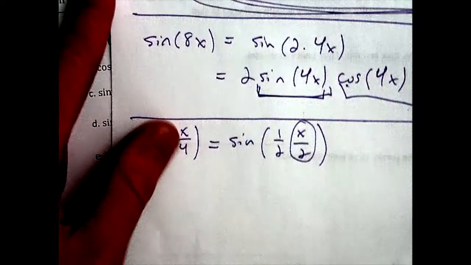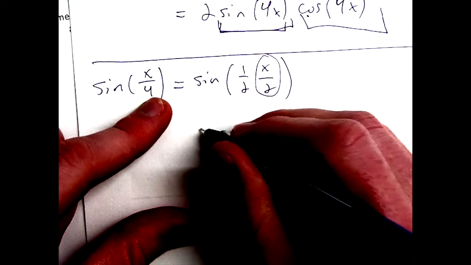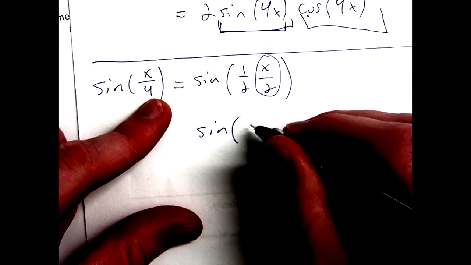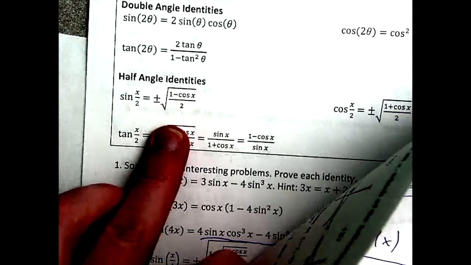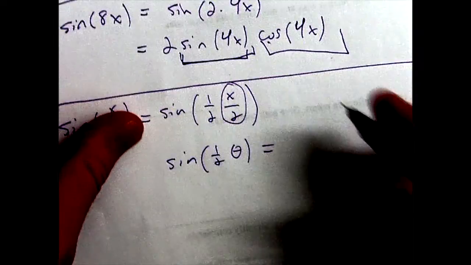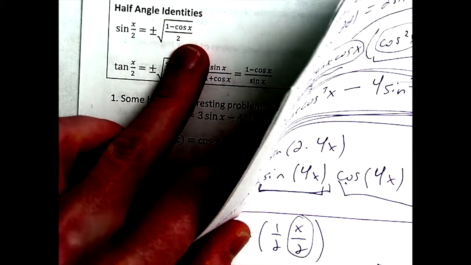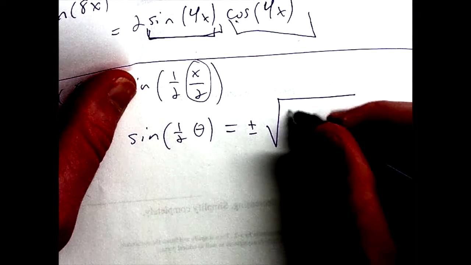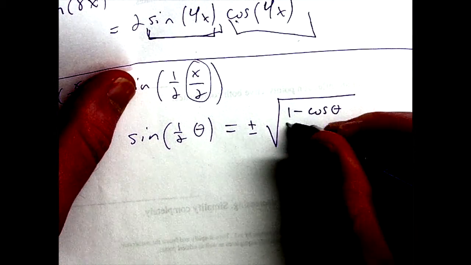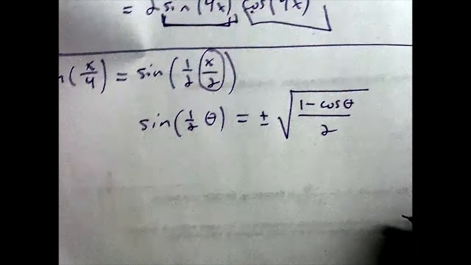So in general, the half angle formula for sine says sine of 1/2 theta is plus or minus square root of 1 minus cosine theta over 2. So that, in general, is the half angle formula.